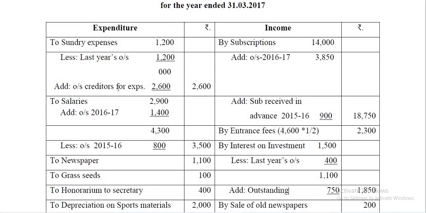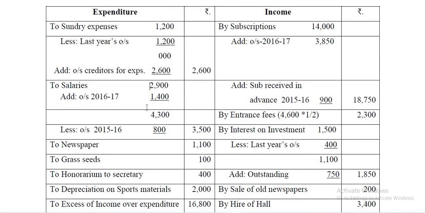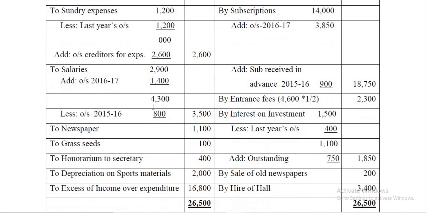But still you have to pay 2,600 for sundry expenses. Therefore, 2,600 is outstanding. So the same value should be shown on the closing balance sheet liability side. Salaries 2,900 you have paid. Of that, 1,400 is for the last year, deducted, and still payable 800.